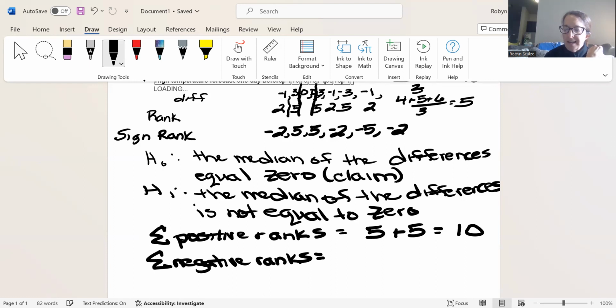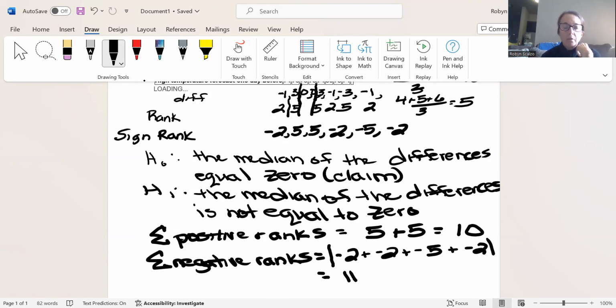I just need the sum without the sign, so I'm basically doing the absolute value. I have -2 plus -2 plus -5 plus -2, and I end up getting 11.